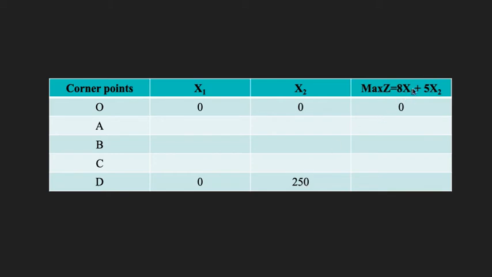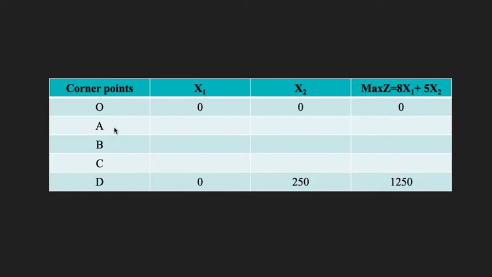That means 8 into 0 is 0, and then we have 5 into 250, which is 1250. So here we got 1250.